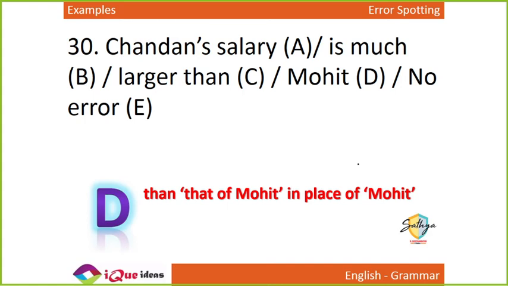Right? Saying that a salary is more is fine. But the biggest error is the comparison. A salary cannot be compared with a person. Of course, if Mohit's or "than that of Mohit" was given, then it would be fine. But yes, salaries can be large. So technically, larger is not wrong.